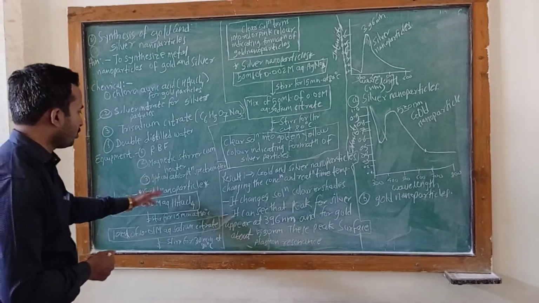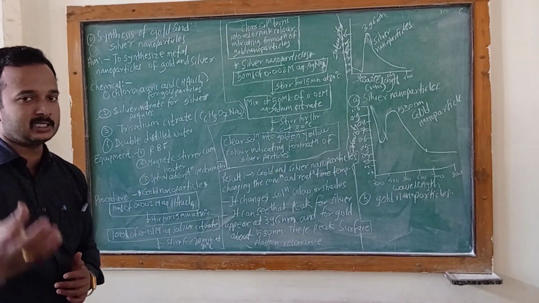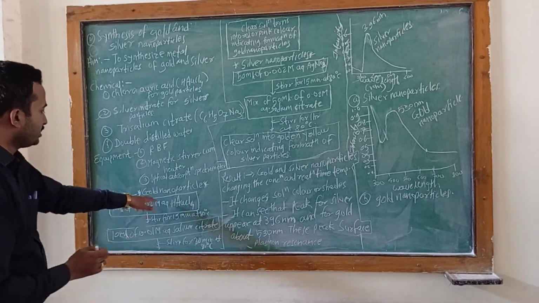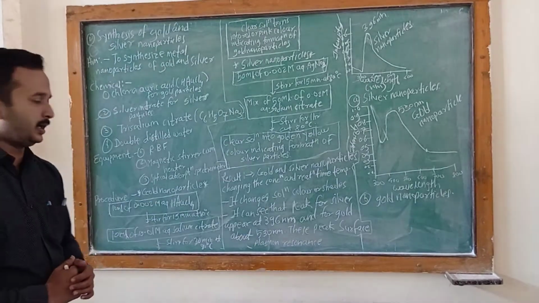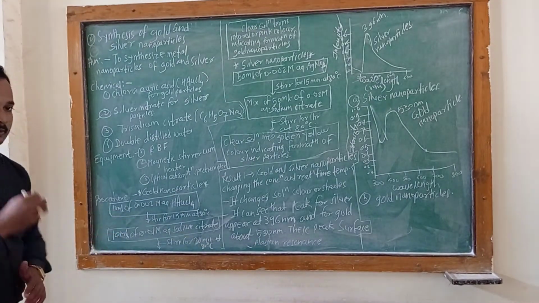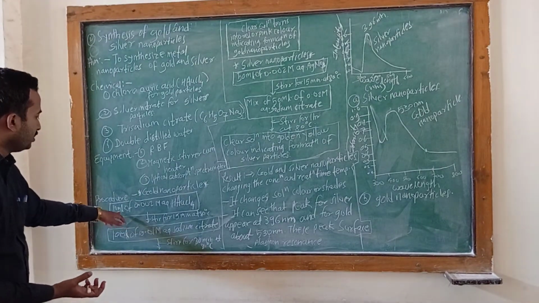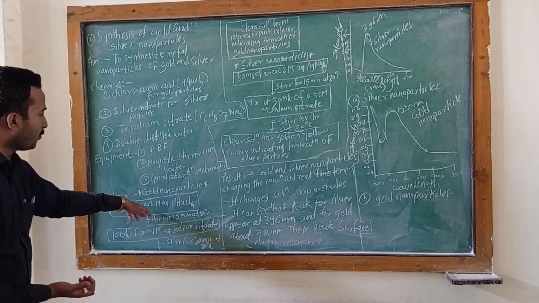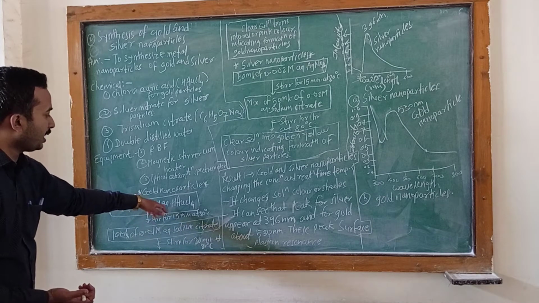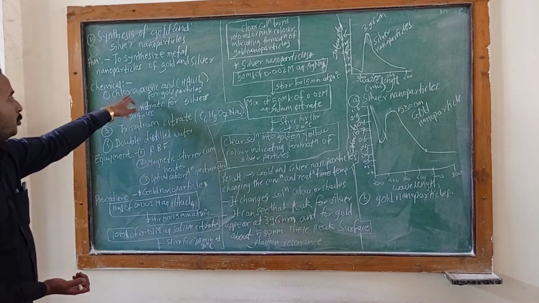The procedure is first for the gold nanoparticle. First, take in the RBF 10 ml of 0.002 molar aqueous chloroauric acid.